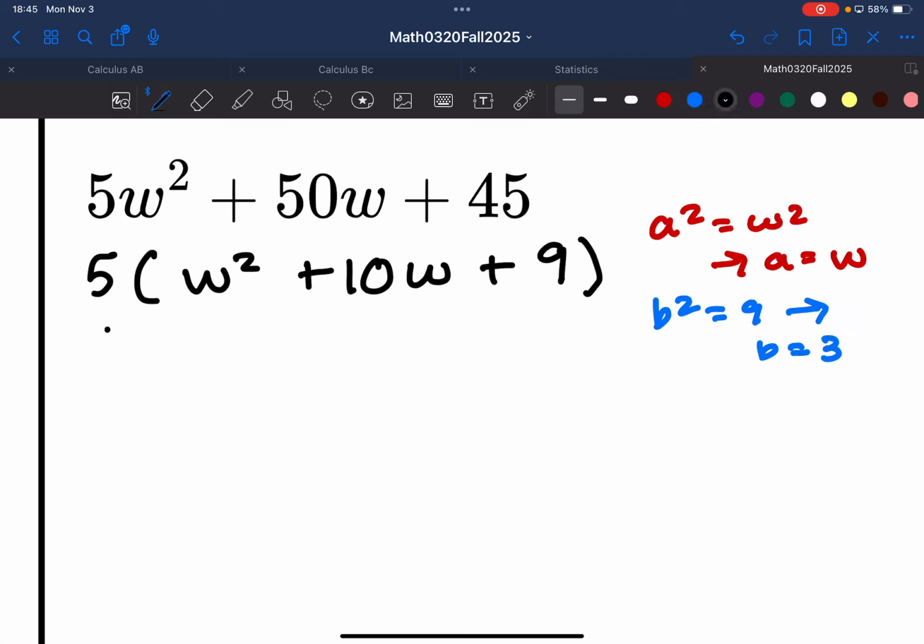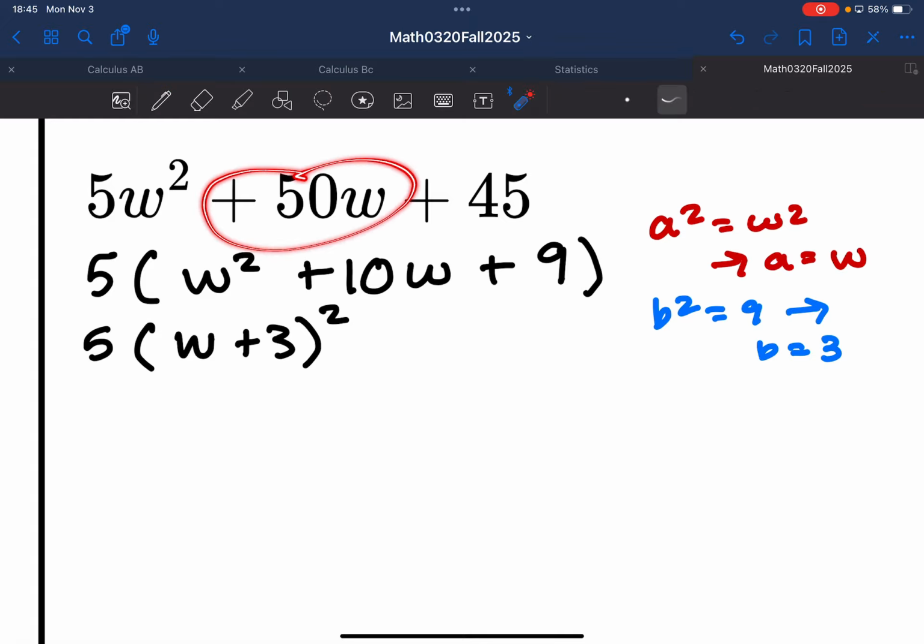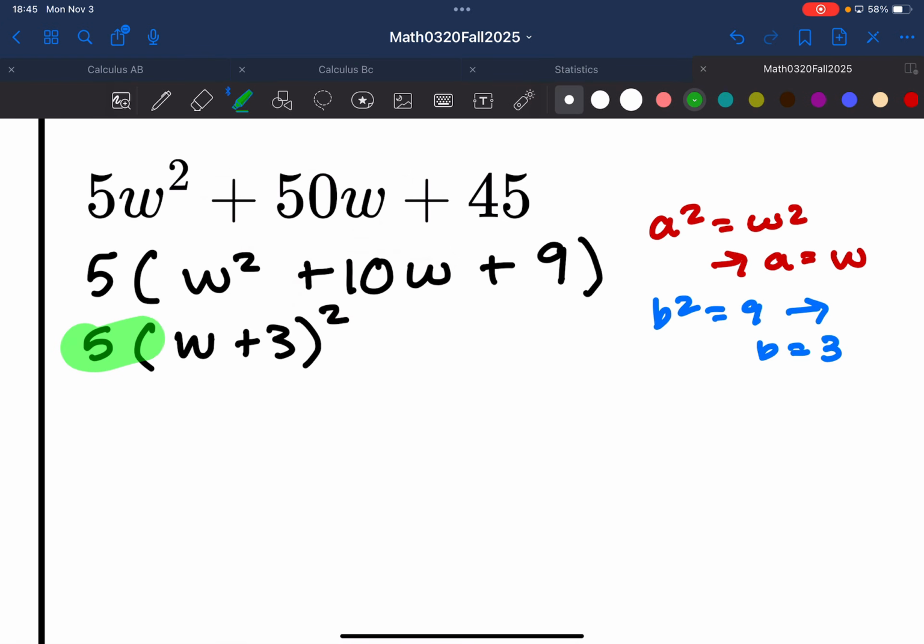So I have 5, because I'm going to bring down my GCF, and I have W plus 3 squared. Good, and how did I know it was plus 3 squared and not minus 3 squared? Good. This positive value here tells us it's a positive value there. So that's my answer.